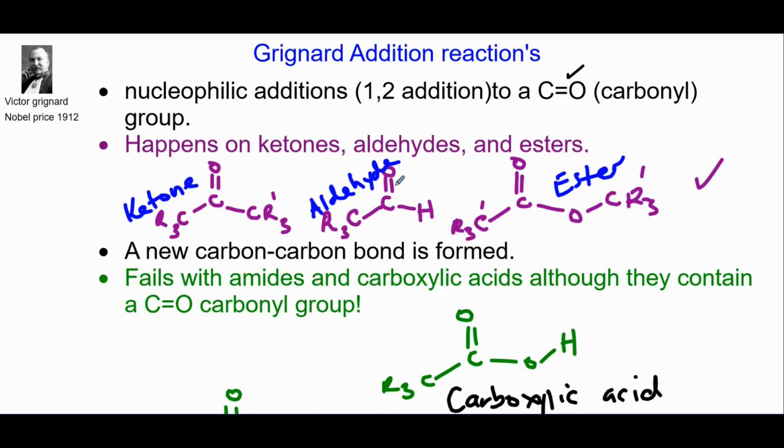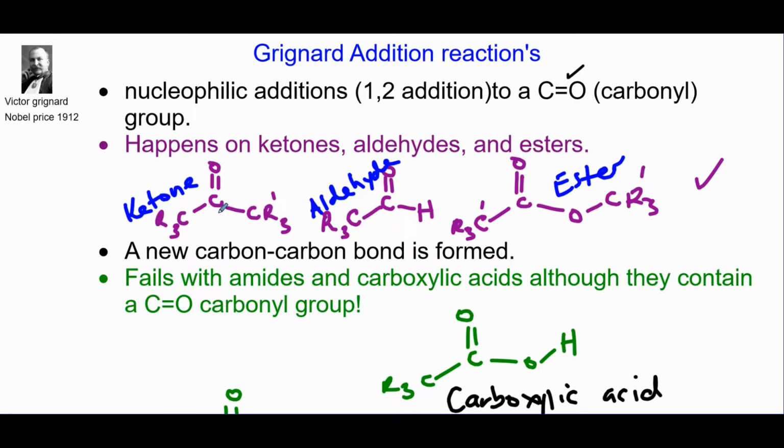An aldehyde has a carbonyl with at least one hydrogen bonded directly to the carbonyl, and the other side will be a carbon structure with a general alkyl group represented as R. Okay, an ester will have a carbonyl with an oxygen directly bonded to it, and that oxygen should be bonded to another carbon, and on the other side should be a carbon containing an alkyl group of choice represented as R. And overall, when the reaction is done, you get a new carbon-carbon bond formed.